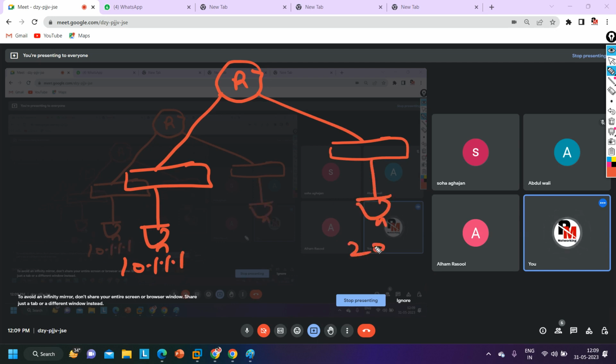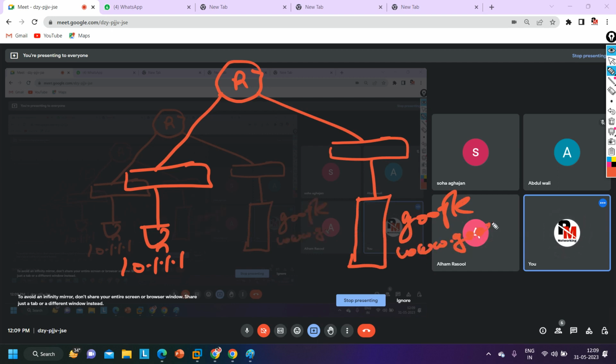Here is one server, a server of Google, www.google.com, and the IP address of the Google server is 20.1.1.1. Done. From this machine, through IP address, I can only send a packet to this server.